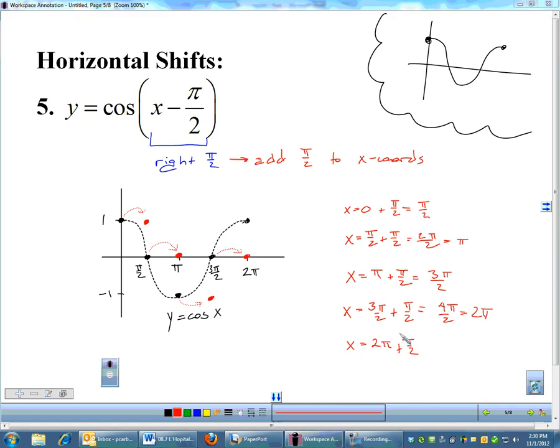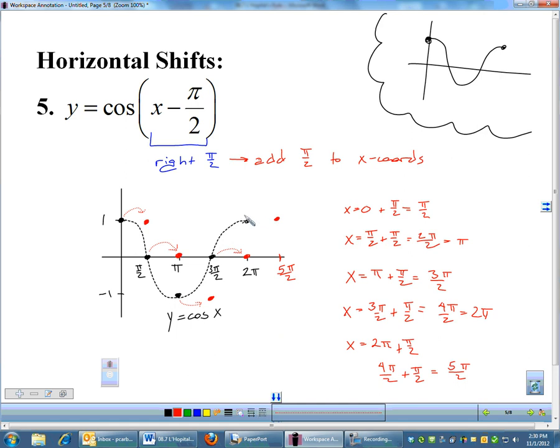You would get a common denominator. 2 pi is the same thing as 4 pi over 2, plus 1 pi over 2 is 5 pi over 2. And that's where this one's going to end up. So I'm actually going to have to label a new x coordinate, 5 pi over 2. And that's where my final point goes.